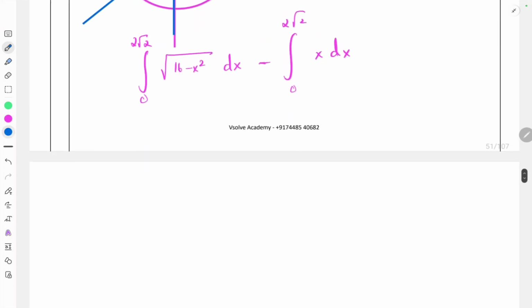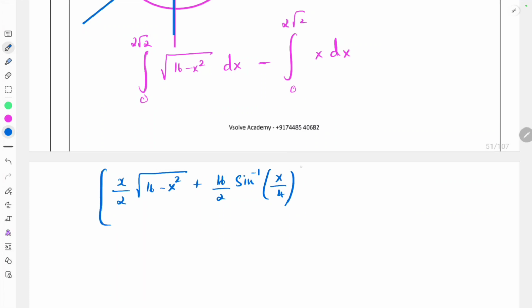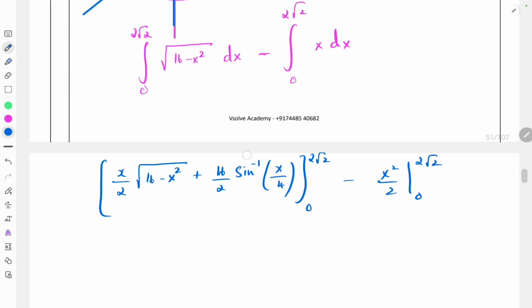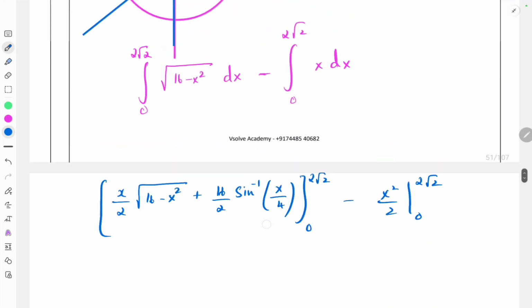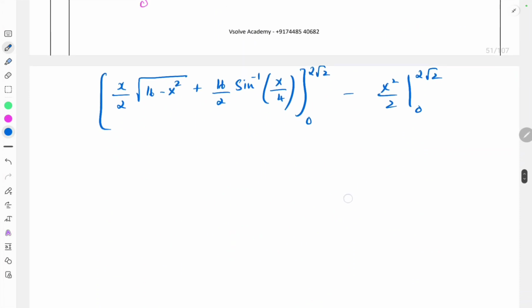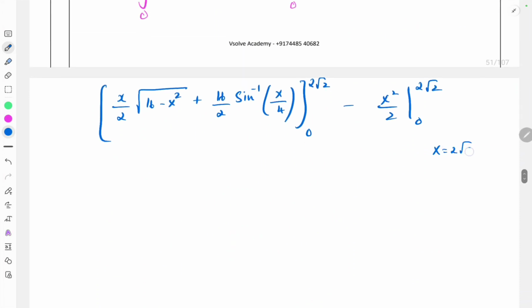So now if we calculate this, it will be equal to x by 2 root of 16 minus x square plus 16 by 2 sine inverse x by 4, and the limit is 0 to 2 root 2, minus x square by 2, and this is 0 to 2 root 2. Now upper limit minus lower limit, so I just have to substitute the values. Here x equal to 2 root 2, x square will be equal to 4 into 2, which is 8.